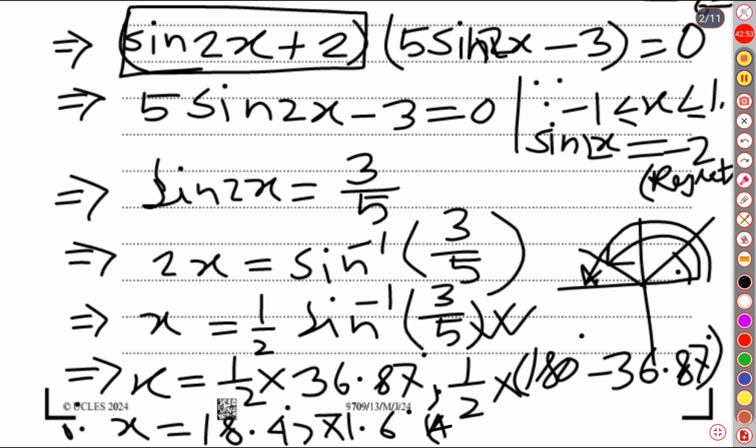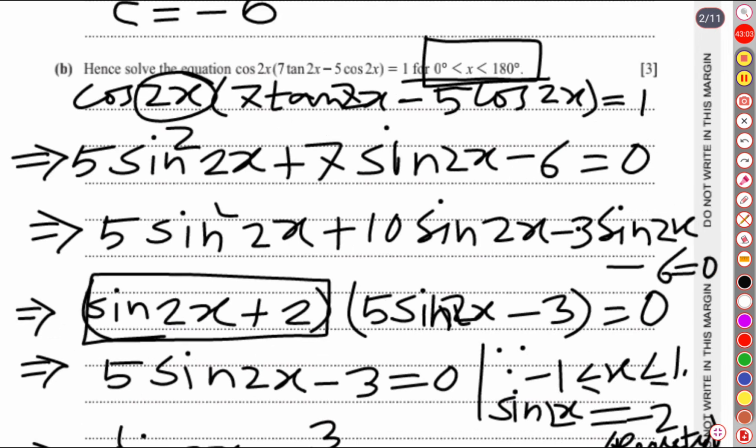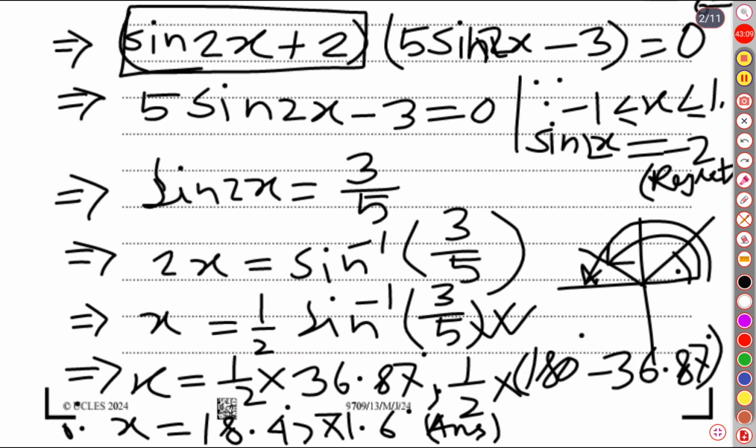Now one more question may arise in your mind: why didn't we define the domain here? So let us define here. The domain is 0 to 180 degree, and our curve was a transformed curve.